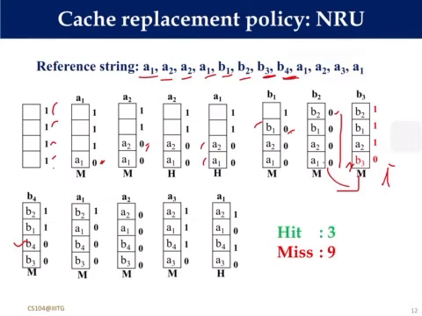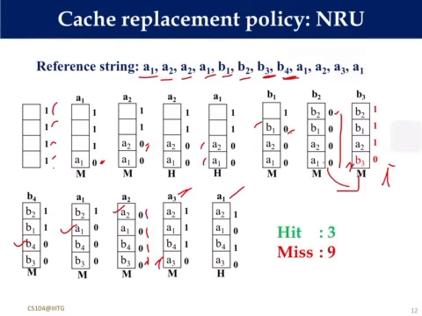Now A1 is not present, so B1 will go, A1 comes here, A2 comes here, right? And A3, when A3 comes, flip all the bits to 1, 1, 1, 1, then the first one, so B3 goes, A3 comes, and A1 is already present in the cache.